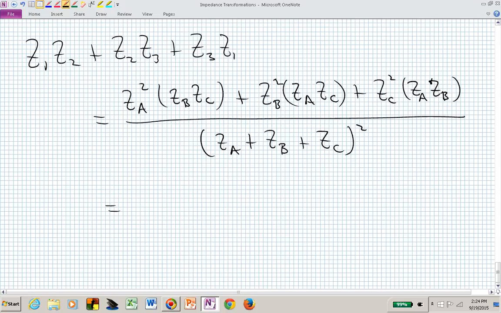To see something that I might be able to factor out of that numerator on the right-hand side, let me virtually get rid of that square by multiplying it out.